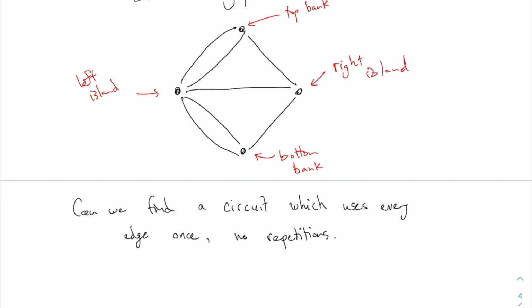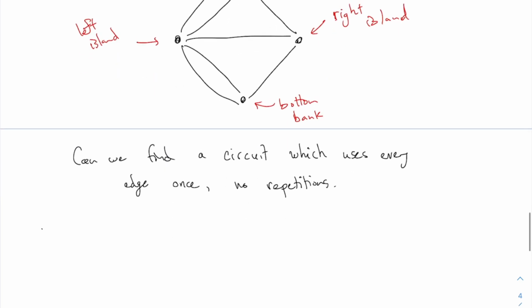All right. And that is called an Euler circuit. That's what I said we were going to talk about. It's named after Euler, sort of because he came up with this whole thing. So this is called an Euler circuit. I'll just write that as a definition. A circuit using each edge exactly once.